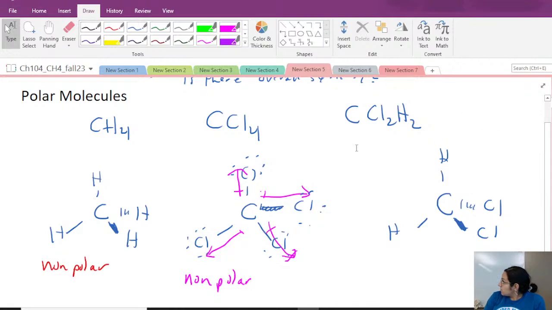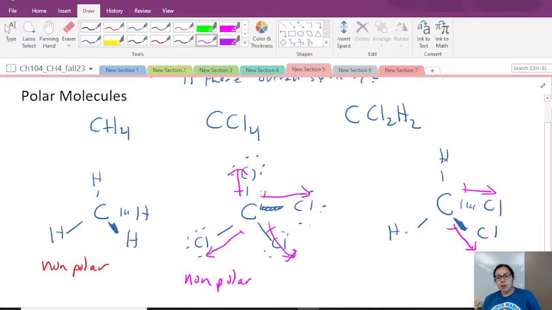And now, looking at the difference between these two, we have chloroform, or not chloroform, dichloromethane. You notice it's what I call uneven. Half of it has these chlorines on it, and so we could draw our arrows, right? It's going to be going out in this direction on one side of the molecule.